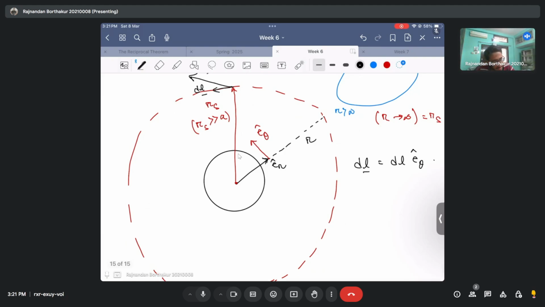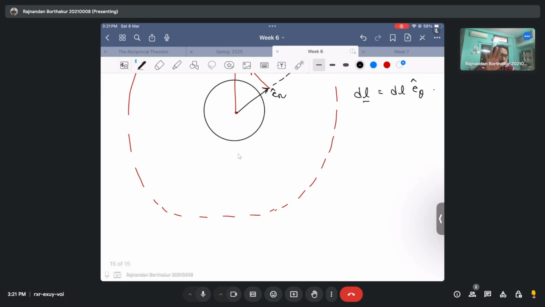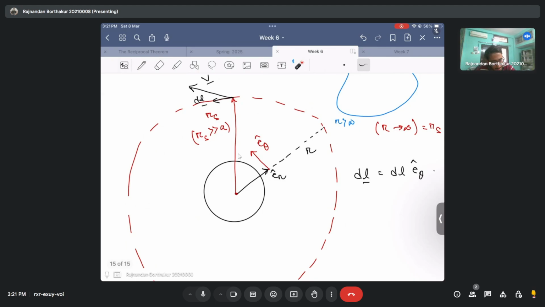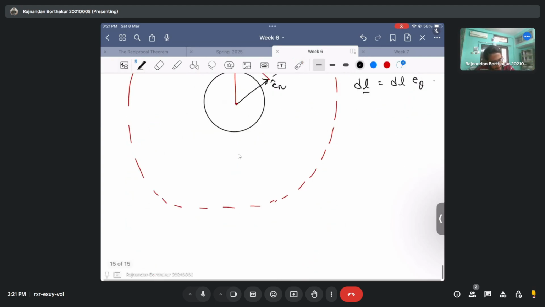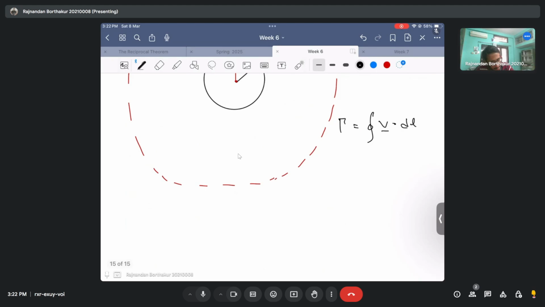Now, I will define circulation along this chosen closed curve, which is nothing but a circle. So I can say that gamma, which is my circulation, is basically the line integral of v dot dl around this closed curve, but I know that my v is nothing but the velocity field u r er hat plus u theta e theta hat.